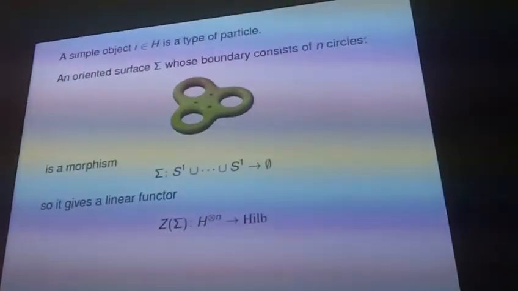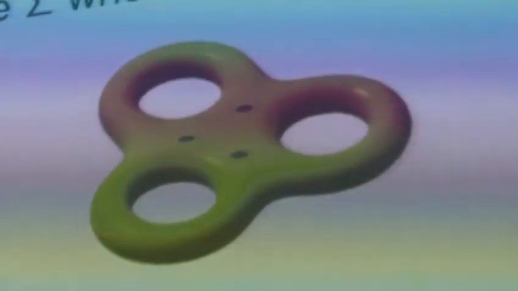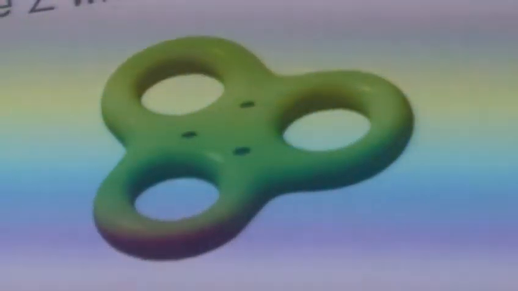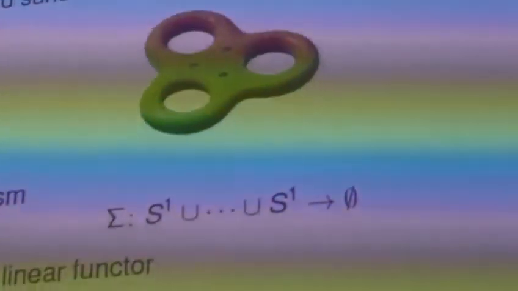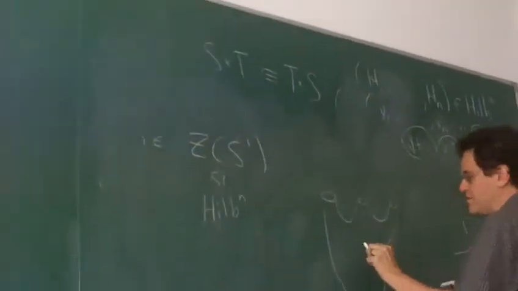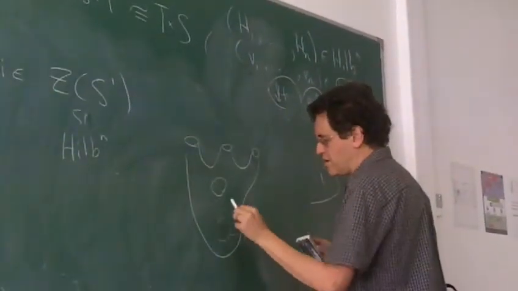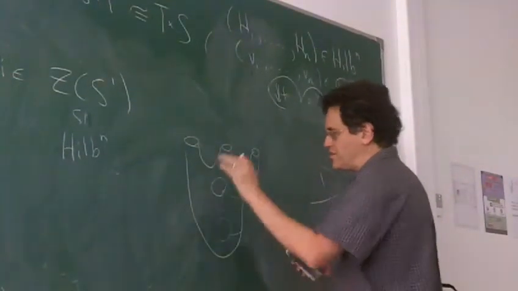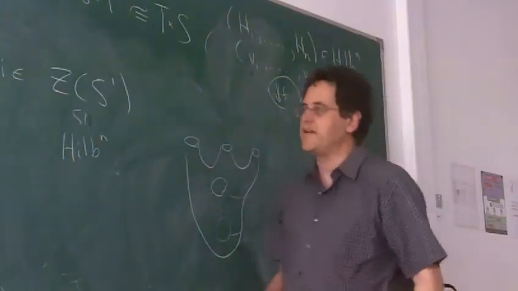Then you can think of that space as a cobordism that goes from a disjoint union of circles to the empty set. That might be easier to imagine if you drew it like this. So here are some circles, and then here's some two-dimensional manifold. Okay, so we think of this as going from a disjoint union of circles to the empty set.